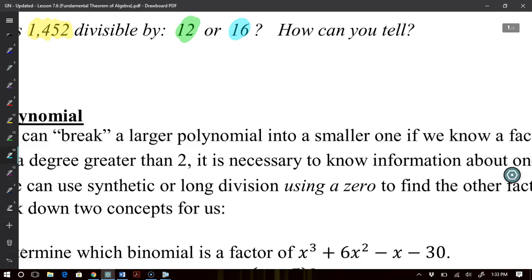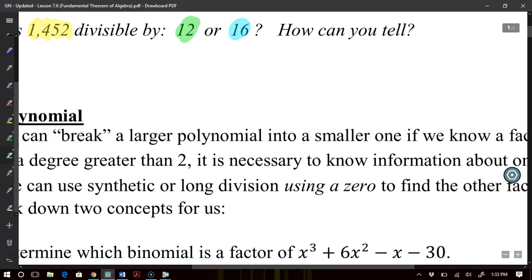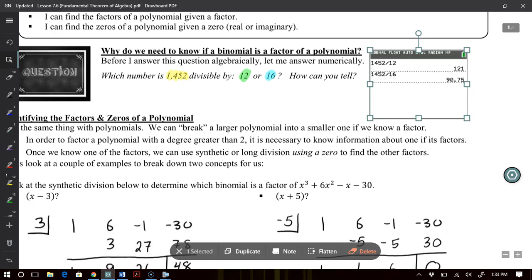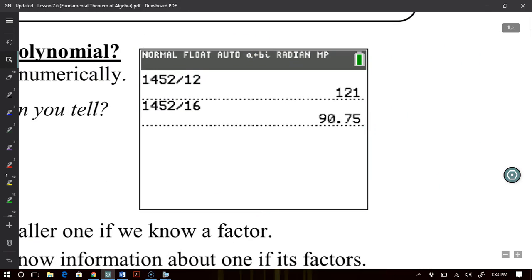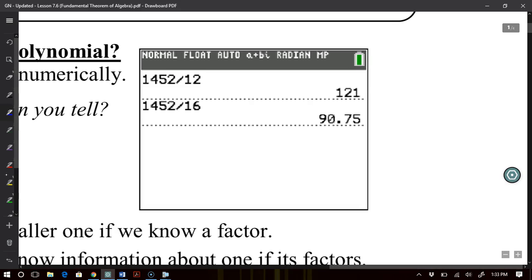And when I ask you with numbers, it's a very simple process. You would just type it in your calculator, as I'm showing here, and you have to choose which one of those goes into 1,452. And you should know right away, well, it's got to be 12. Because the difference is right here.